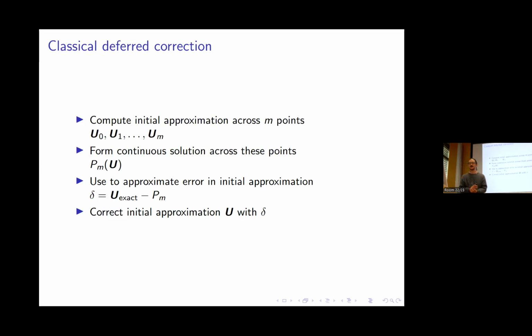So what is a deferred correction method? A classical deferred correction method computes your approximation across endpoints, and then you interpolate that approximation with a polynomial, so you form a continuous solution across those points. Then using that interpolation polynomial, you can estimate the error on your solution at each time step and correct your initial approximation with that error.